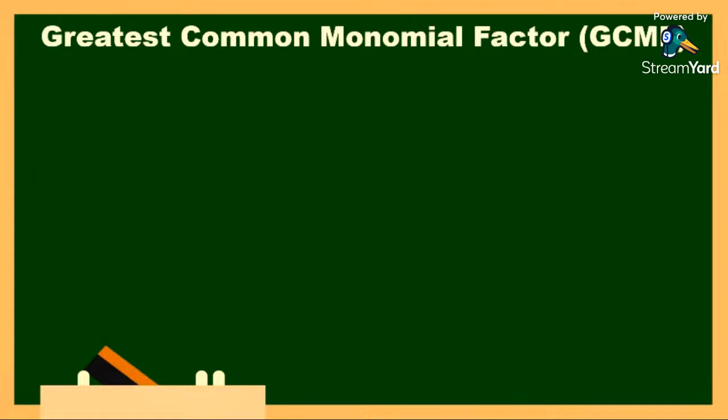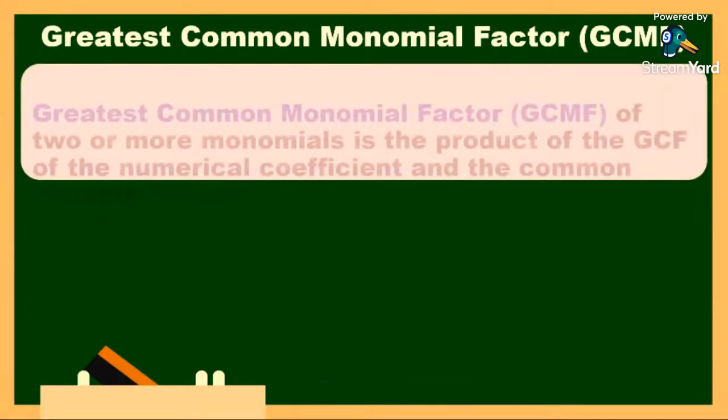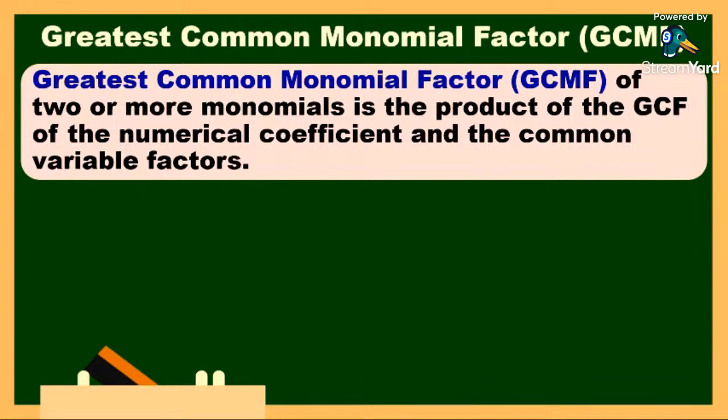What is greatest common monomial factor? The greatest common monomial factor, or GCMF, of two or more monomials is the product of the GCF of the numerical coefficient and the common variable factors.